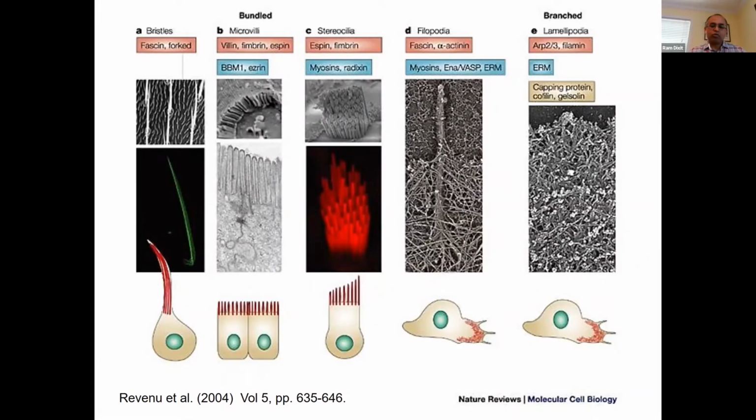So a good example of how bundling of actin is really important to provide rigidity or stiffness to maintain these projections, right? If you used microtubules as a thought experiment to make these projections, you would need fewer microtubules to maintain that structure because of the inherent stiffness of the microtubules compared to an actin polymer. Okay.